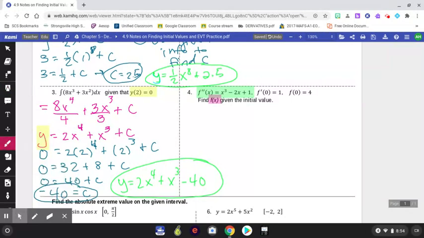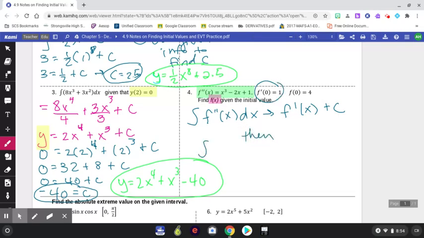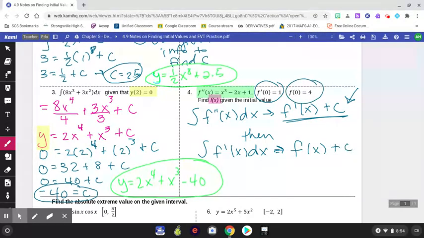You're going to have to do the antiderivative of this f double prime function, and that's going to lower you down to f prime. Find that initial value, and you have that information to do it. Then you're going to have to do the antiderivative of this function, including that c. And that's going to get you down to f plus c, and you're going to use that information. Okay, so you have to go through the process twice.